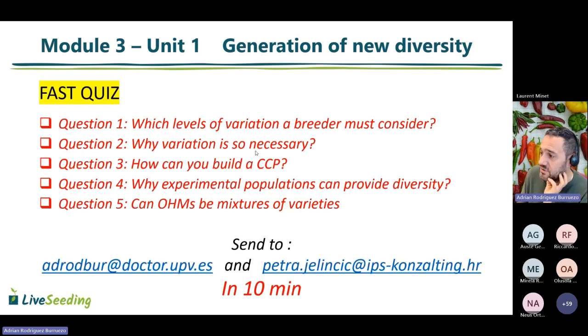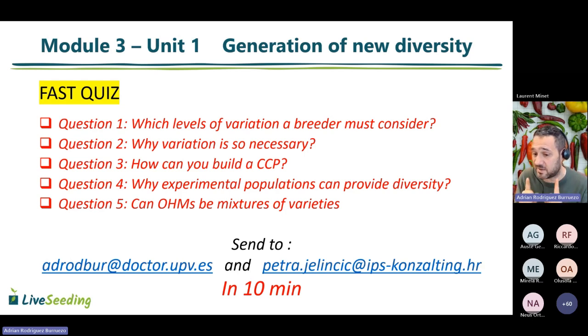Well, why is variation so necessary? I will answer the next ones to be faster. Variation is necessary, as I told you, for healthy and productive systems, for more secure food security, in terms of social justice, giving opportunities to small and medium farmers, and obviously for breeding, because without variation as a starting point, there is no way to perform breeding.